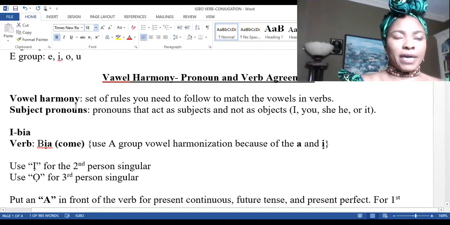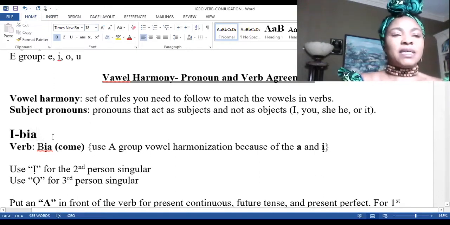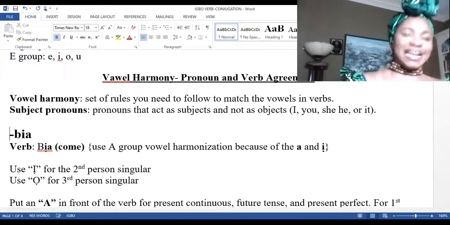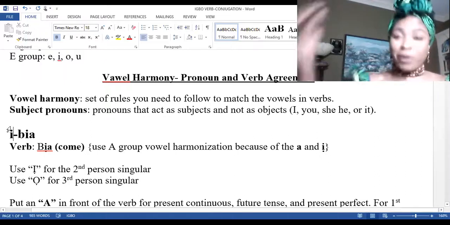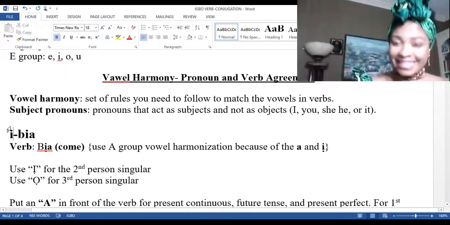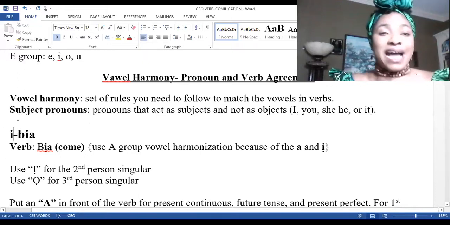Okay, so if you see here, we are moving the mouse. You say abia. But this is I, it's not L. Abia, and this I should be punctuated up and down. Okay. Now, why do we say that?